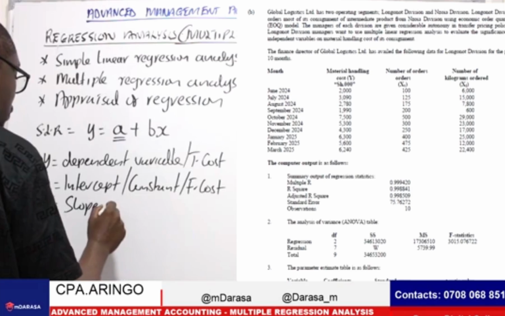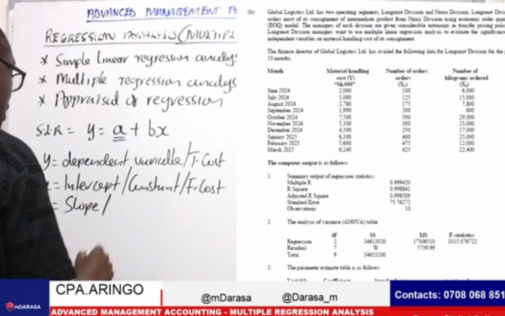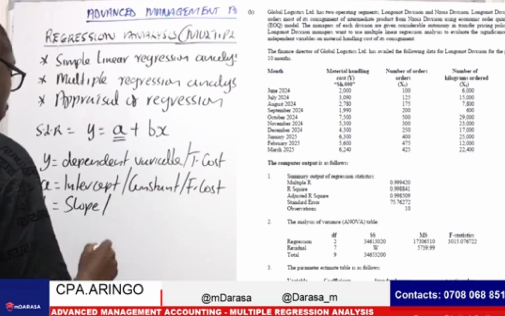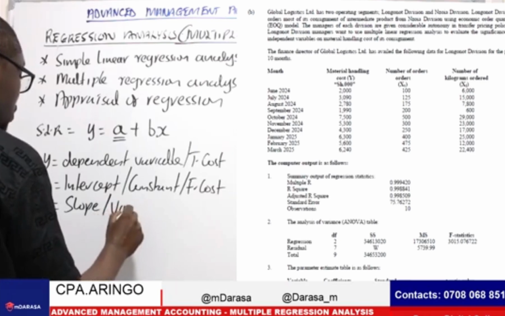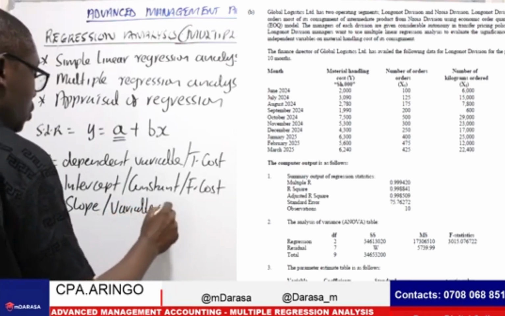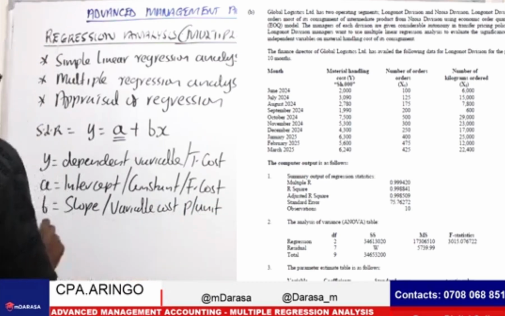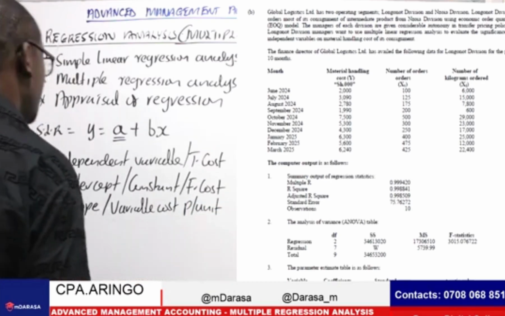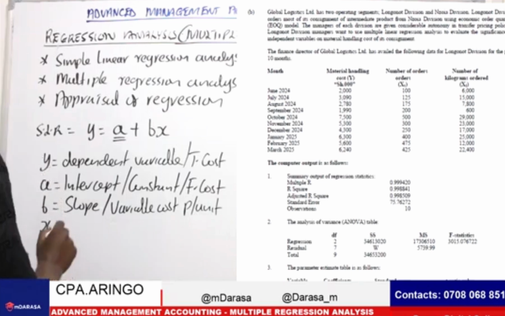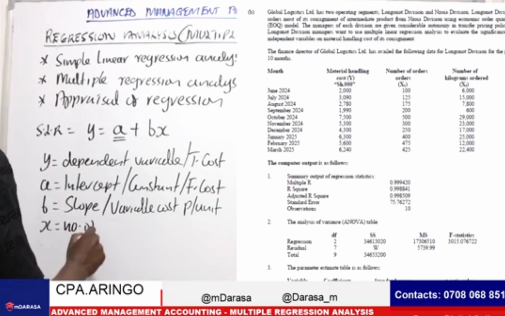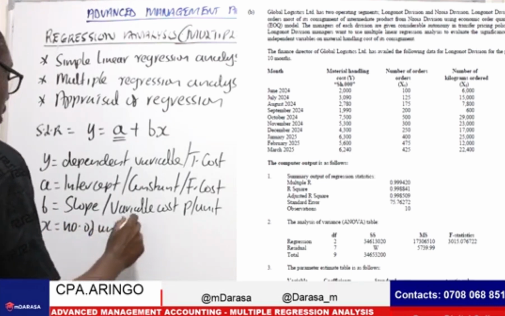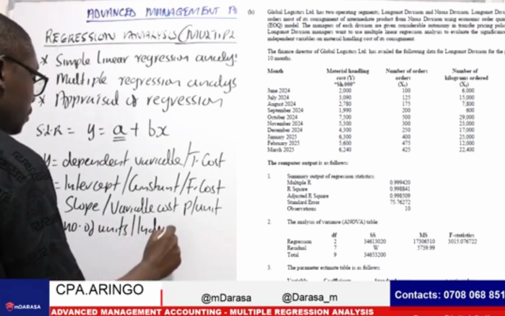You can also refer to it as the variable cost per unit. Then we have x. X in this context, my good students, is simply the number of units, or the independent variable.